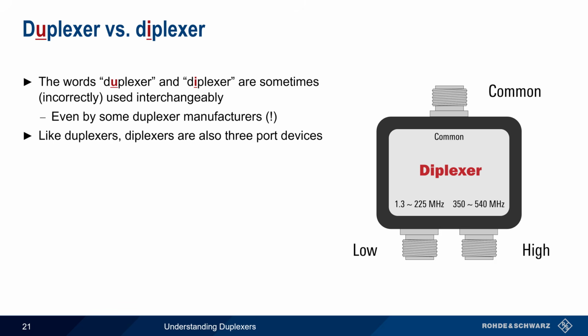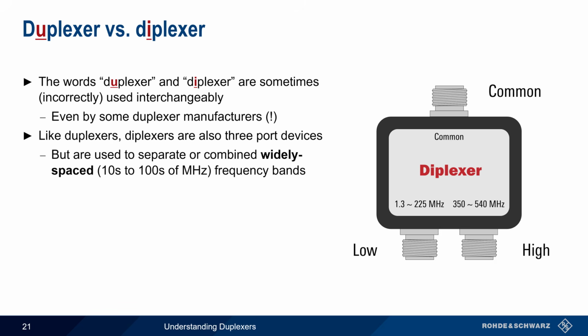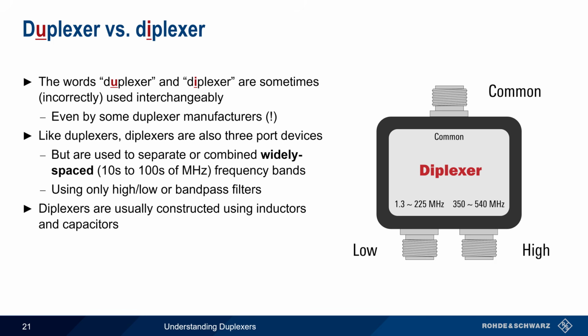However, diplexers are used to separate or combine widely spaced frequency ranges or bands. By widely spaced, we mean the bands are tens to hundreds of megahertz apart. This is done using only high-pass, low-pass, or bandpass filters, not the notch filters commonly used in duplexers. Another difference is that the filters in diplexers are often constructed using inductors or capacitors, rather than the cavity filters we see in duplexers.